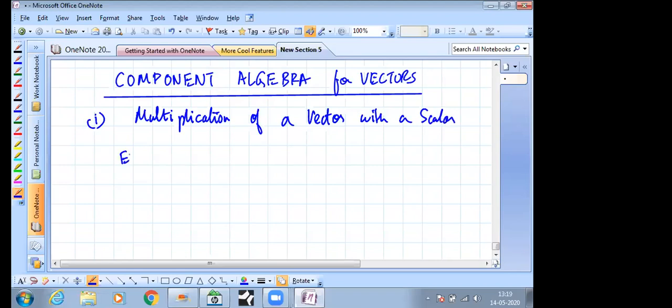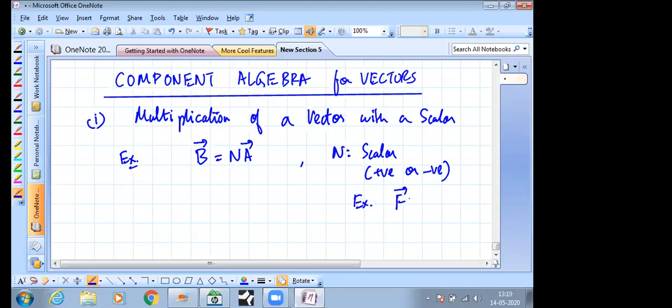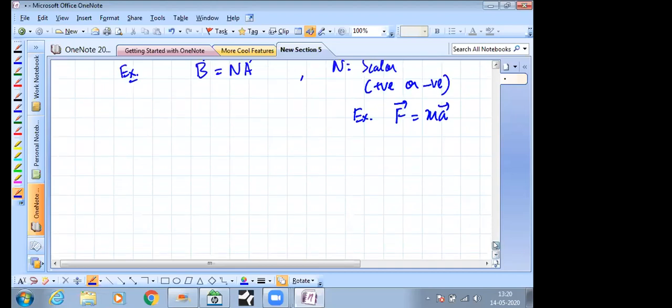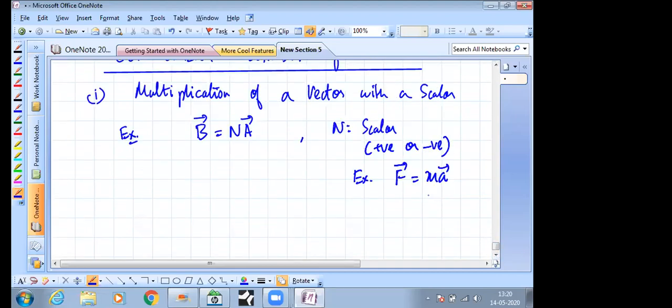So for example, if I say vector B is equal to n times vector A, where n is a scalar, it can be positive or negative. An example of the actual application of this is the equation F is equal to ma. Acceleration is a vector, force is a vector, but mass is a scalar quantity. And here mass is a quantity which doesn't have an algebraic sign, positive or negative.